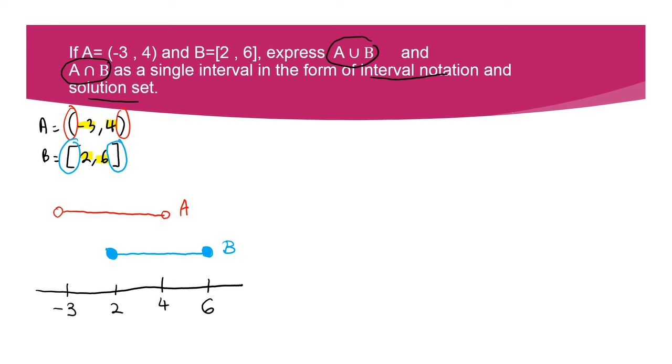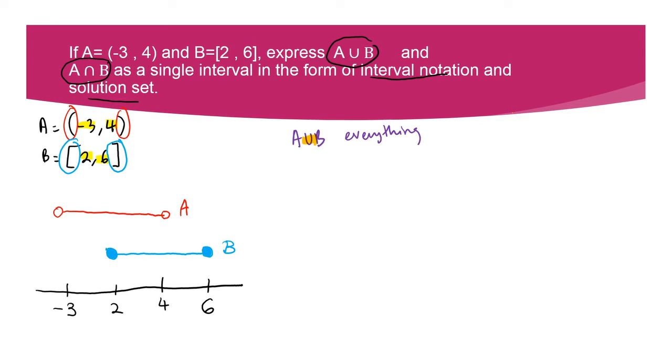So now I can answer A union B. So for union, I play with everything. So everything means that over here, I will consider both number lines A and B. So when we do union, we always consider the point at the smallest number first.